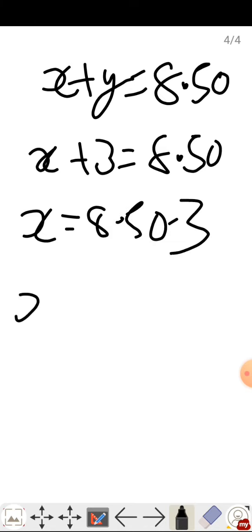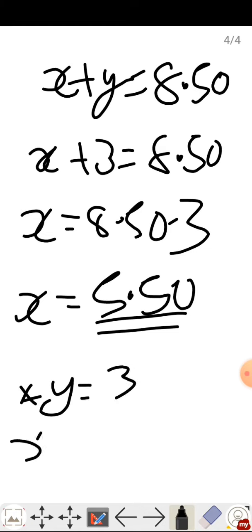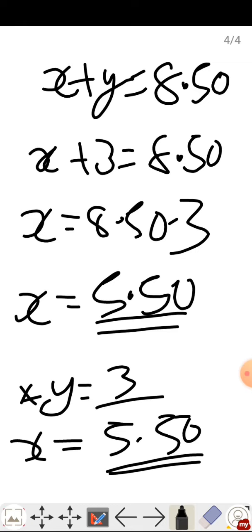So x is 5.50. So it's that easy using the substitution method. So you know your y is 3 and your x is 5.50. These are your answers. It's easy and straightforward.